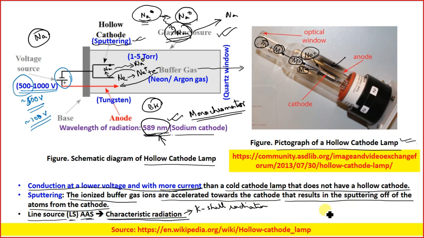Okay, so we all know that we have an atom, and it has electronic orbitals. Which one is the K-shell over here?